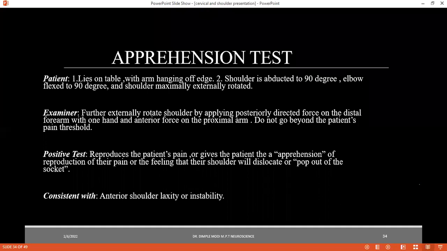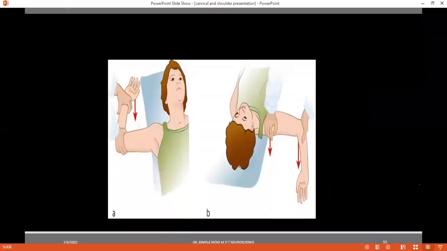Two pressures are given. One hand near the wrist gives the posterior force, and one hand on the proximal shoulder gives the anterior force. When there is pain, it shows that there is an anterior shoulder laxity. Two pressures are given in the apprehension test.